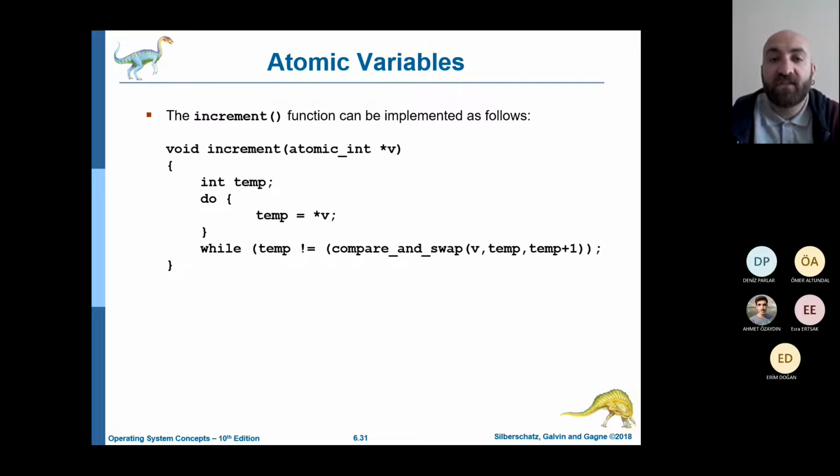So in the following sections, we are going to explore more robust tools that address race conditions in generalized situations. But again, it's good to know that using hardware instructions such as compare and swap, we can use atomic variables to prevent race conditions on data in specific circumstances.